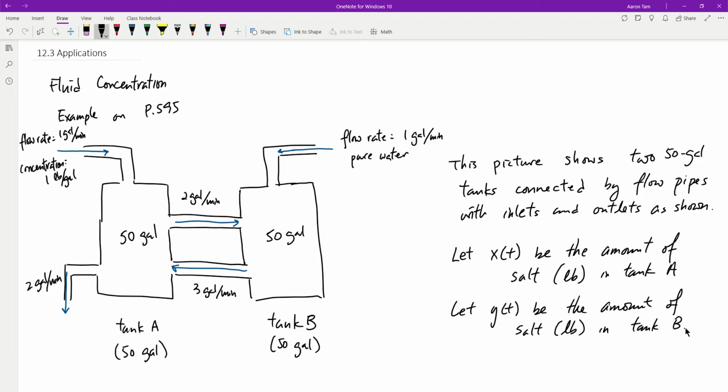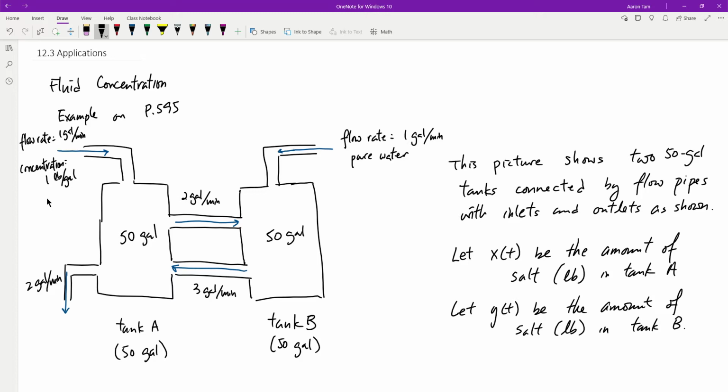Because of the liquid flowing into tank A that carries 1 pound per gallon of salt into tank A, we know that the amount of salt in tank A and tank B will be changing, with salt going in and going out. Obviously that's what we're trying to figure out, how this amount of salt inside is changing.